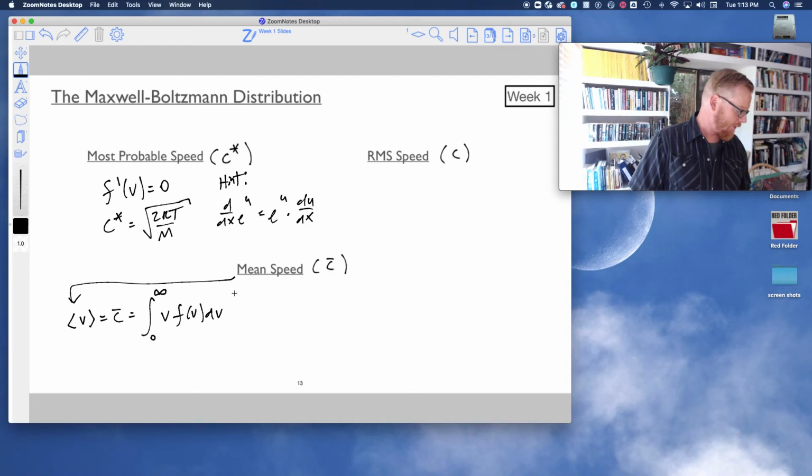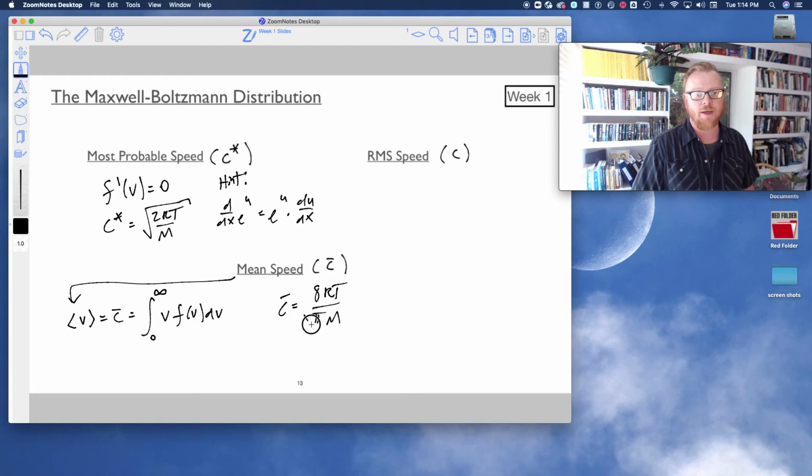So the mean speed you should get for this one, C bar, is the square root of 8RT divided by pi times big capital M. So see if you can arrive at this result.